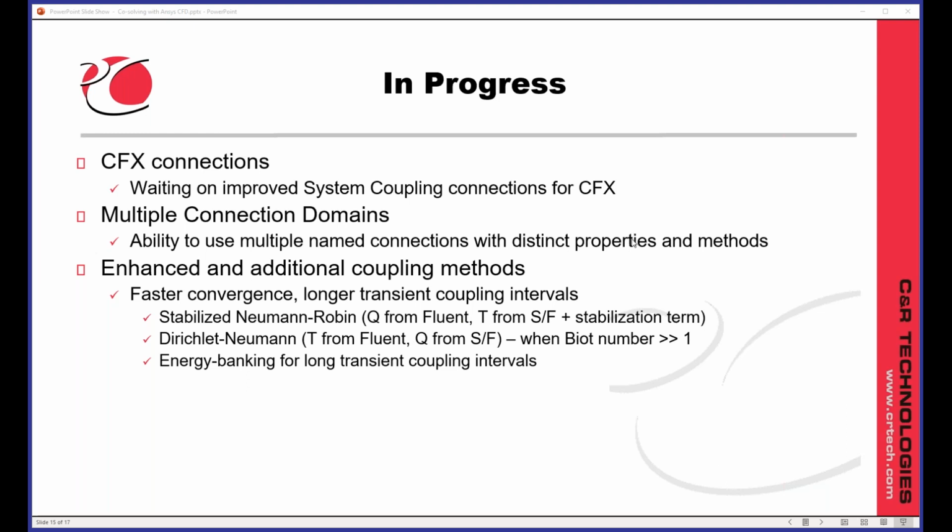And you definitely don't want to be taking too many coupling intervals or too many iterations when you're running a CFD code. So we're working on improved methods for faster convergence, longer transient coupling intervals, basically less hesitation to use this kind of feature.